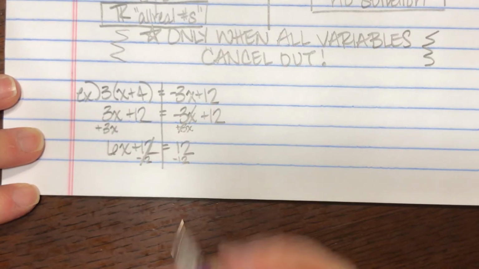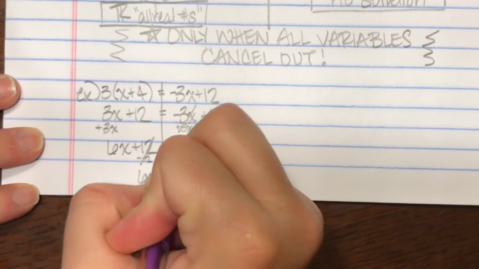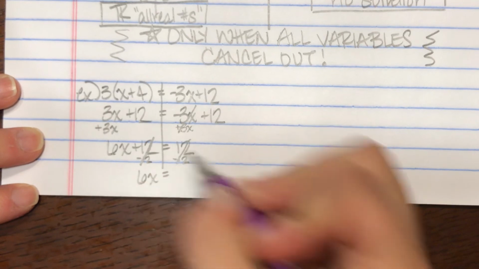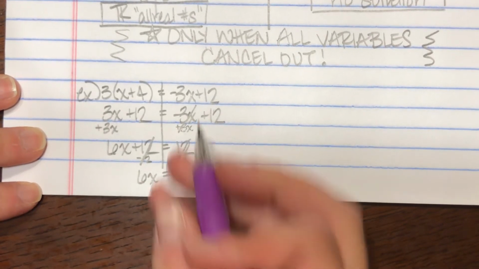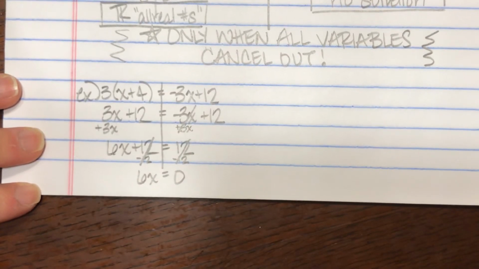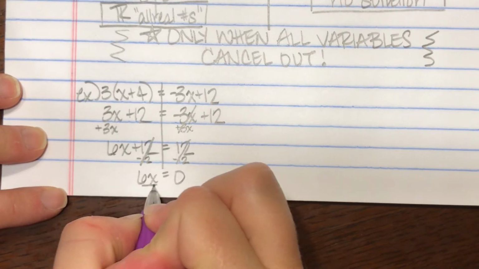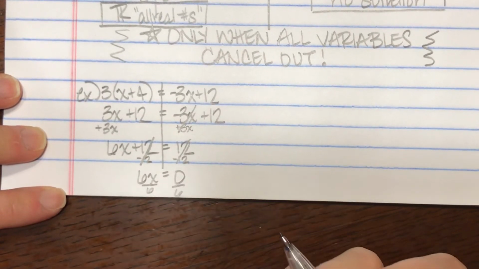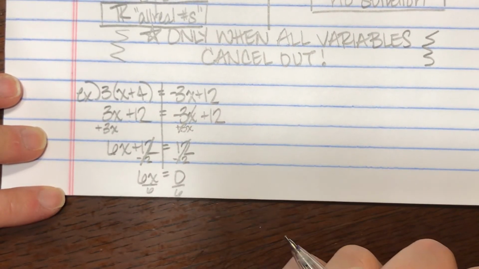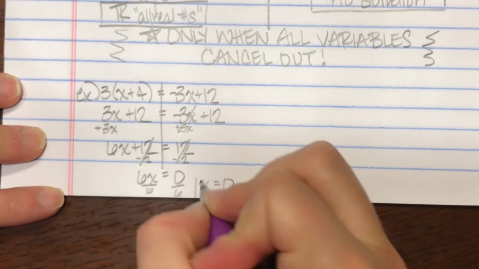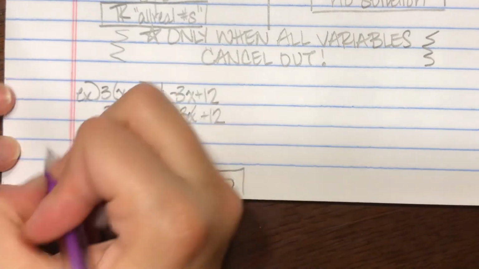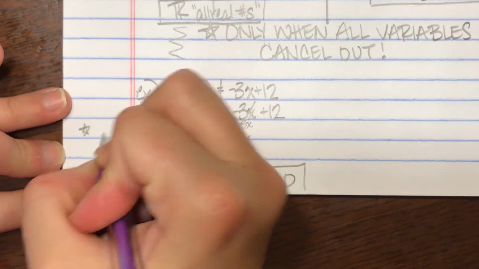Those cancel out, and I get 6x equals, those also cancel out, but it's not variables canceling out, so I'm going to put a 0 down. 12 minus 12 is 0. To finish solving this, I divide by 6. How many 6's go into 0? That answer is 0. So that one is actually not special.